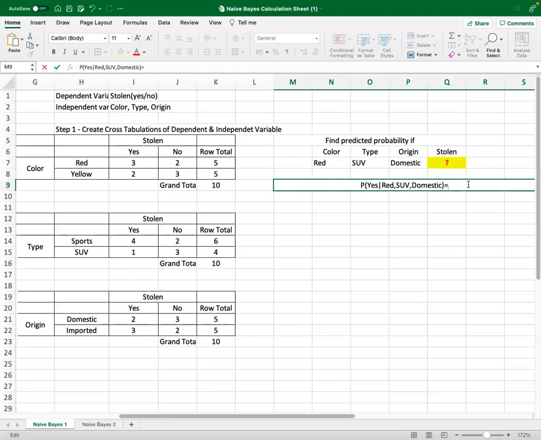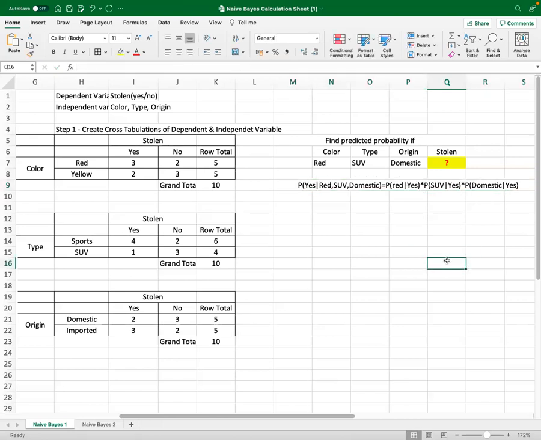Is equal to probability of red given yes multiplied by probability of SUV given yes multiplied by probability of domestic given yes. We will get a cumulative probability.